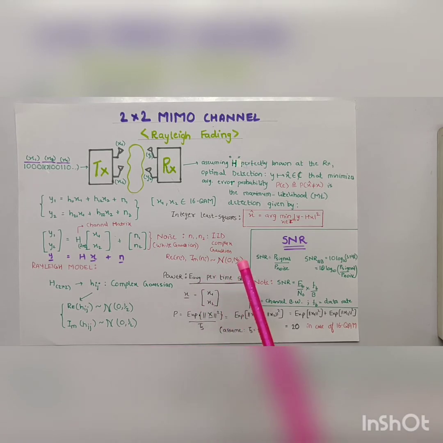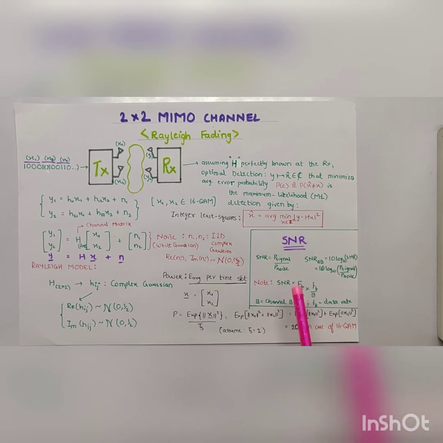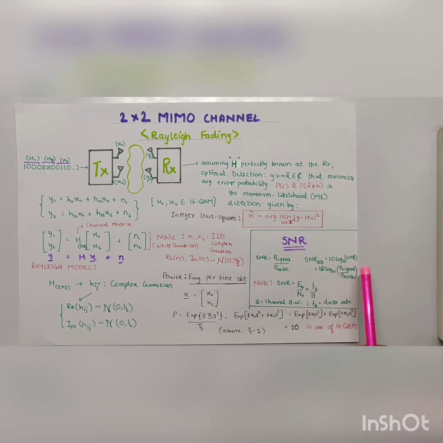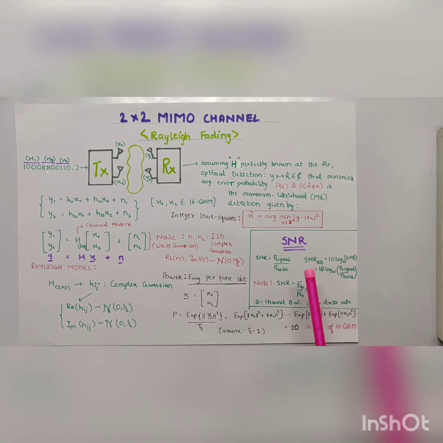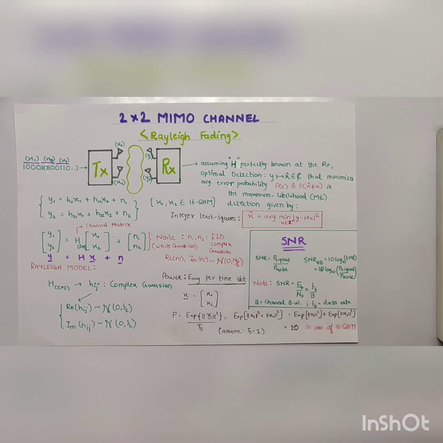Next up, I'll provide a short description of SNR. SNR, commonly known as signal to noise ratio, is basically the ratio of the power of signal to the power of noise. It is very commonly observed on the dB scale. One important point to note is that SNR is not the same as Eb/N0, which many people confuse it to be.